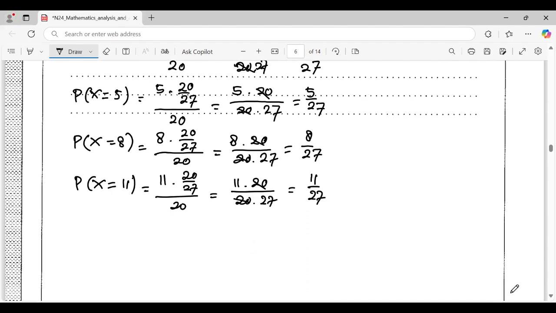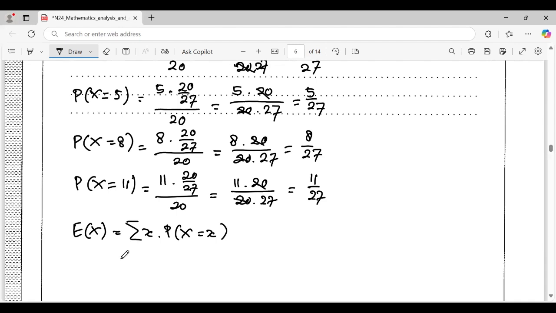And the next step, we're going to substitute this result into this expectation equation, E(x) equal sigma x times p(x).